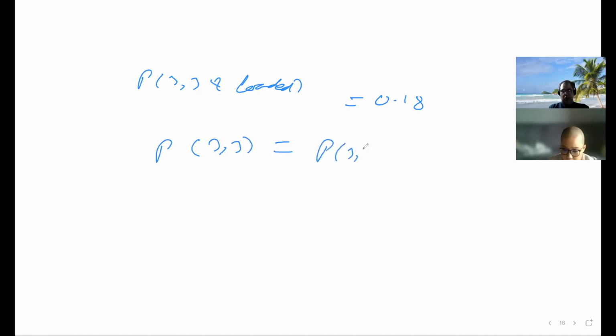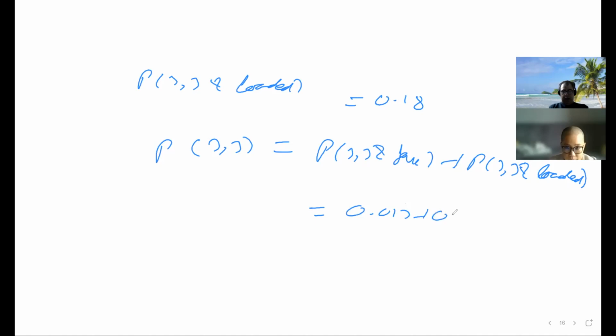Will it not be P3,3 and fair plus P3,3 and loaded? 0.013 plus 0.18. It's 0.013. It's not 0.13, it's 0.013.